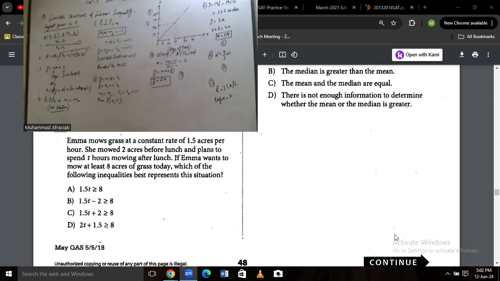So it means 1.5t after lunch plus 2 before lunch must be greater than or equal to 8. This is the inequality which is being used for this calculation. So that is the answer of this part. C is the answer of this choice.